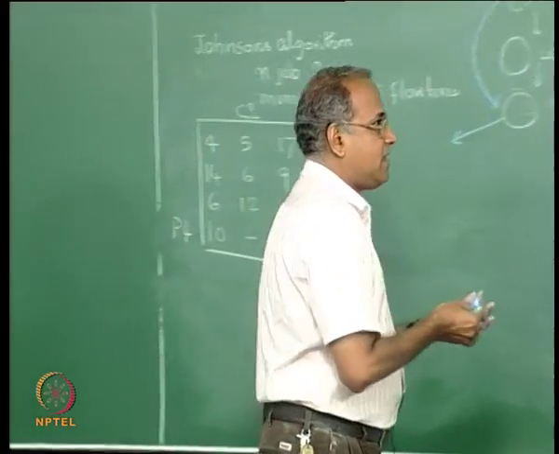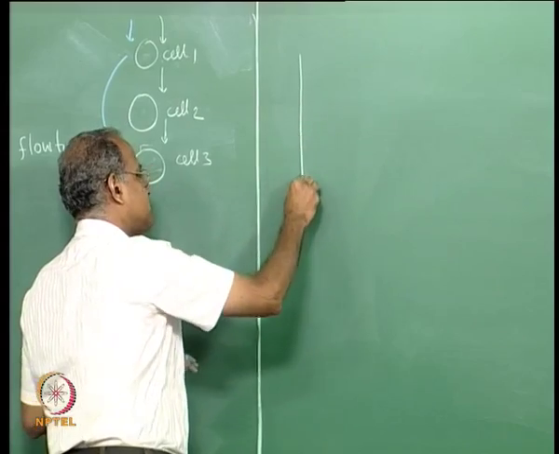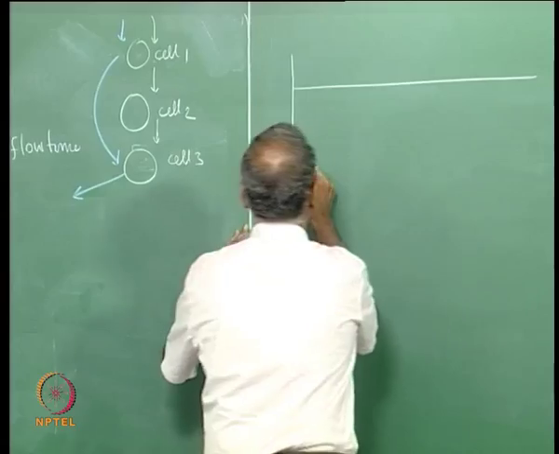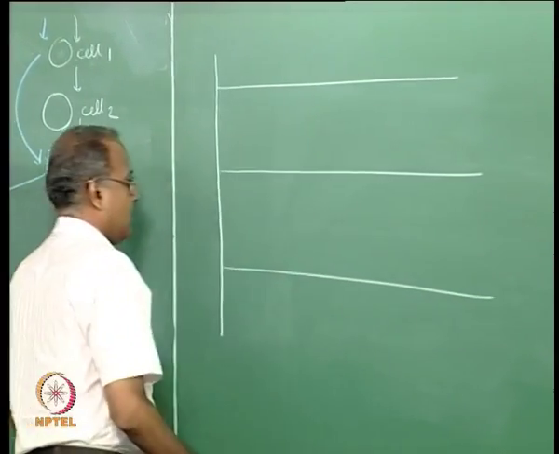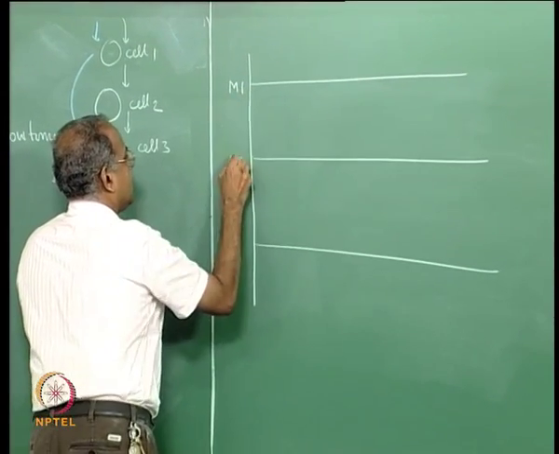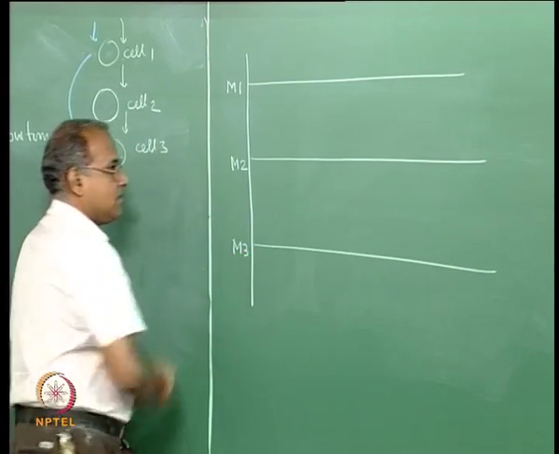Now, we apply the idea of using Gantt charts. So, this we would call as cell 1 or machine 1, machine 2 and machine 3.